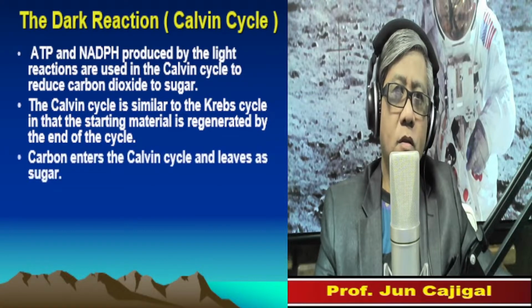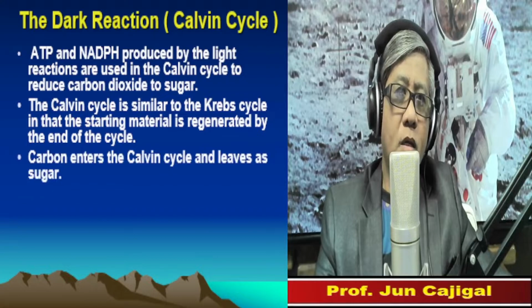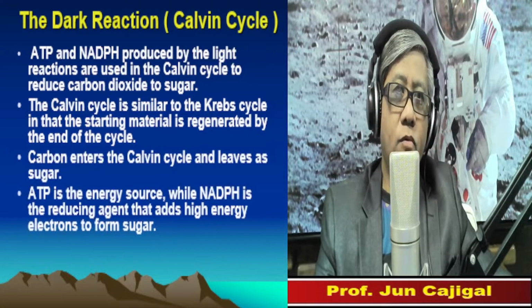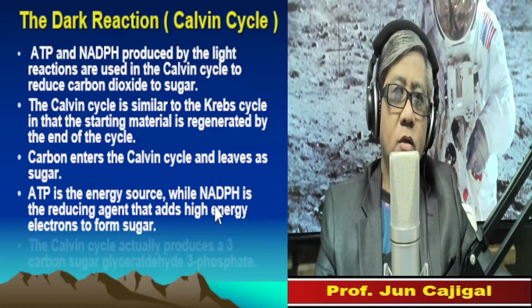The third point is that carbon enters the Calvin cycle and leaves as sugar. Point number 4 is that ATP is the energy source, while NADPH is the reducing agent that adds high energy electrons to form sugar.